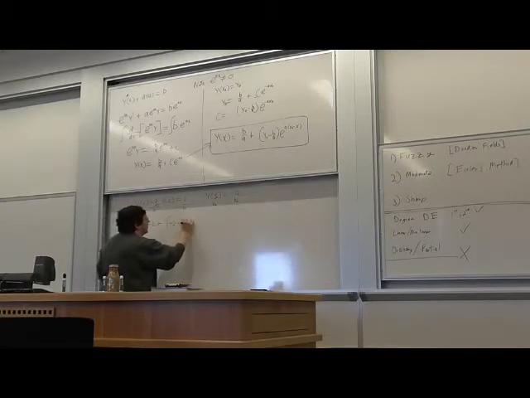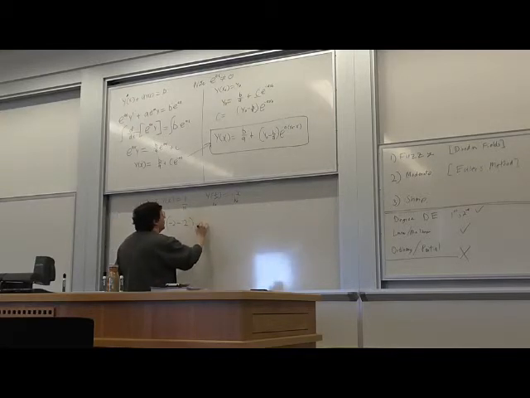Just being careful here. Times e to the a, which is minus 1/2, times x naught, 1/2 minus x.